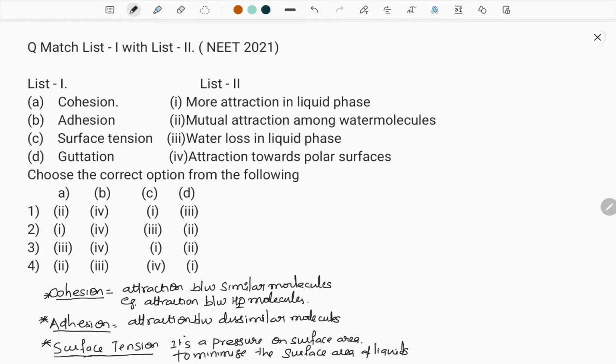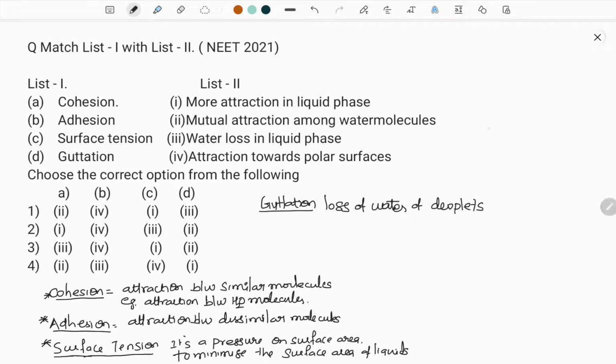Next, we have the fourth one, that is called guttation. So, what is guttation? Guttation is loss of water in the form of droplets. Then why do plants lose water in the form of droplets?